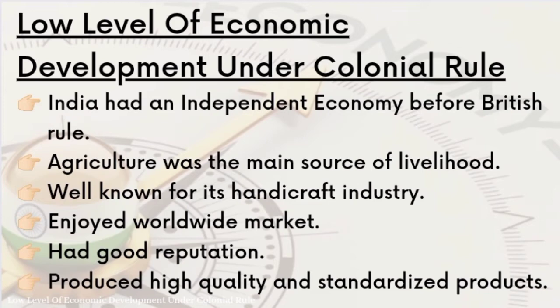The heading itself specifies that we had a low level of economic development because the colonial government had no interest in developing the economy of India. India had an independent economy before the advent of British rule, an independent as well as prosperous economy.